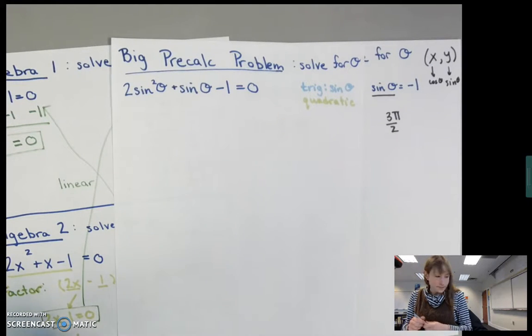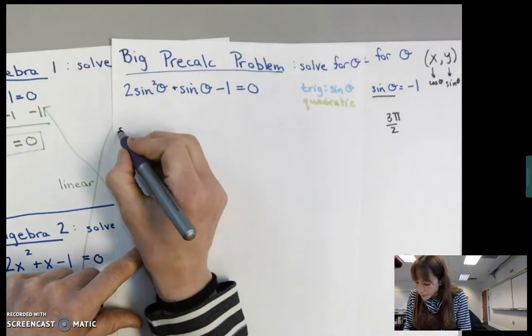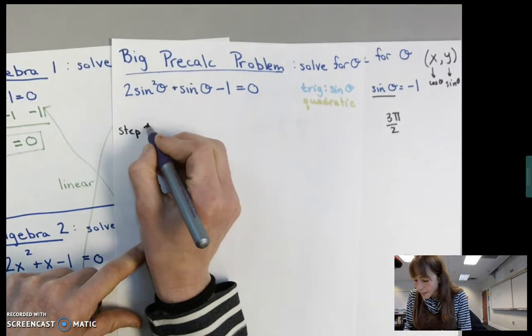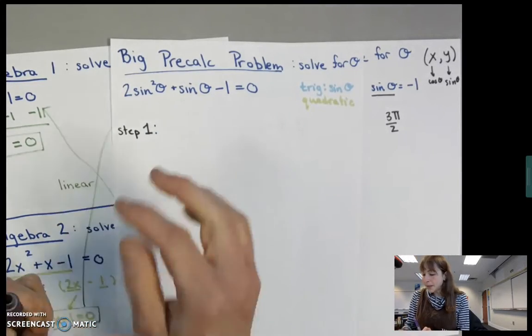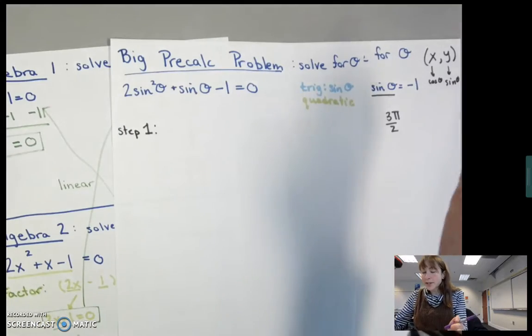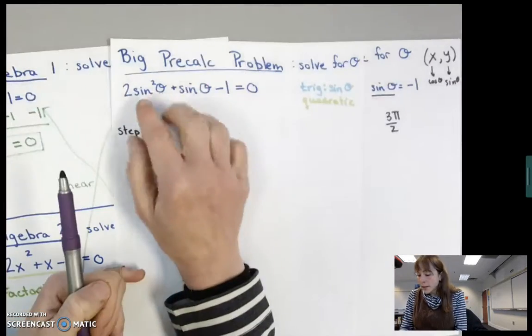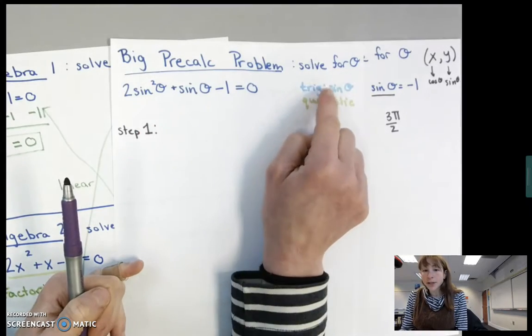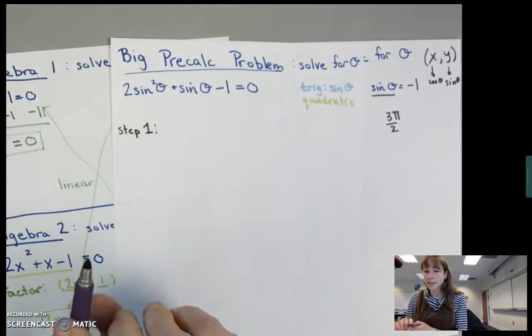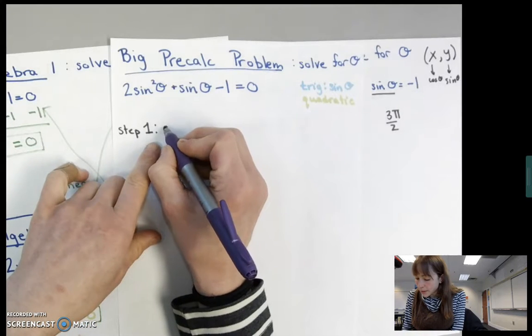Step 1, I want to make this look like an algebra 2 problem first, because whenever I solve equations, I work from the outside inward, and my innermost piece is the sine theta. So the pre-calculus step, the trigonometric part, is going to be my very last step. And so my step 1 is going to be to substitute.